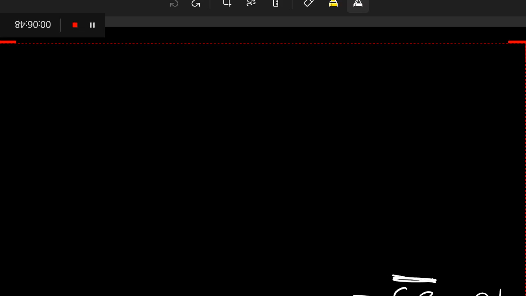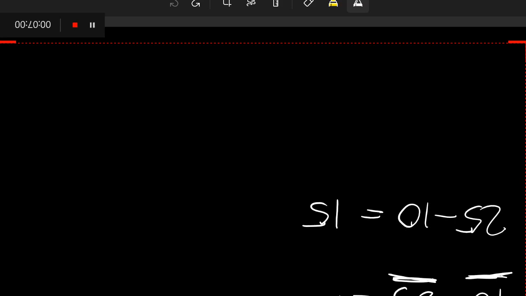Well, first of all, we see that we only have 10, we're subtracting 25, which means that the answer will obviously be negative. Then we can invert it. 25 minus 10 is 15. So 10 minus 25 is negative 15. Do not forget this negative sign when you're using this tip.